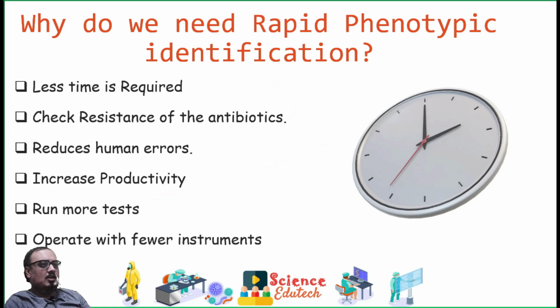And why do we need rapid phenotypic identification? Reducing the time taken for identification and antimicrobial susceptibility testing contributes to improving the care of patients with infection, especially in the context of increasing antimicrobial resistance.